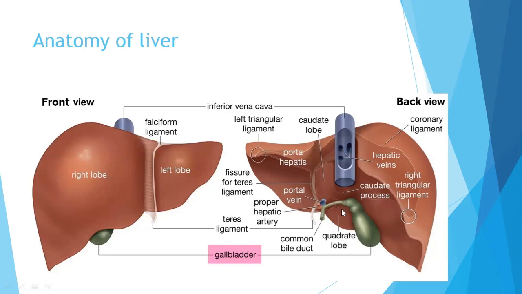Another thing you can see is the coronary ligament, not a clinically important structure. But what you need to learn is that the right lobe and left lobe are separated by the falciform ligament. The right lobe is the bigger one, and then you have the caudate lobe above the bile duct and the quadrate lobe below the bile duct.